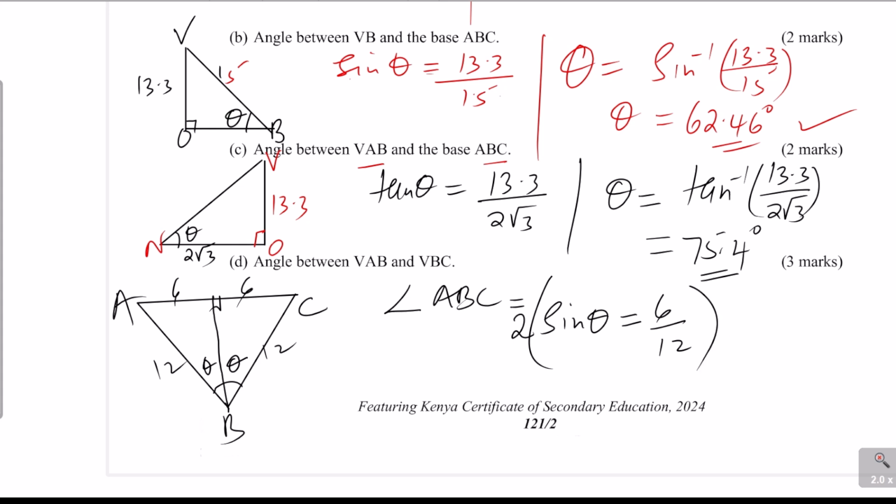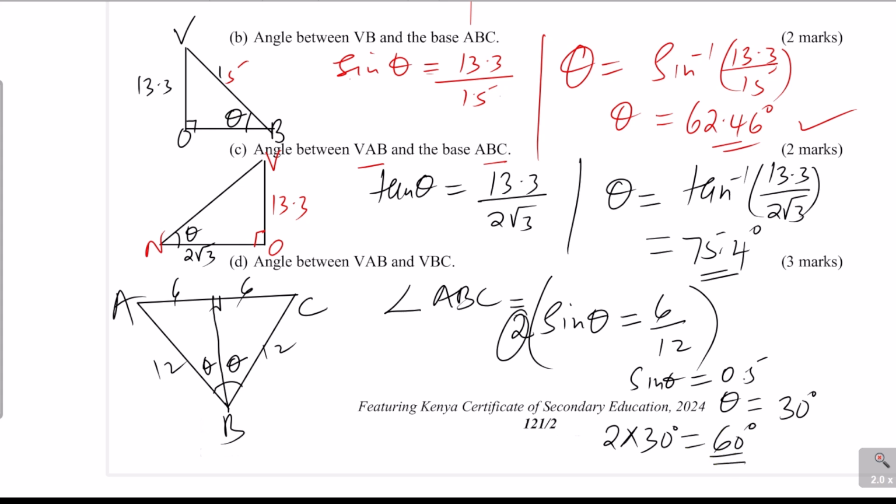And this will give sine of theta is equal to 0.5. So theta will therefore give you a sine inverse of 0.5. This will give 30 degrees, and you have to multiply by 2. So 2 times 30 degrees will give 60.